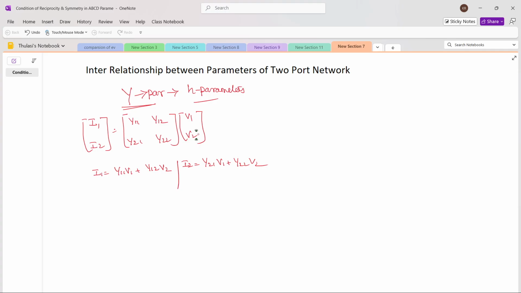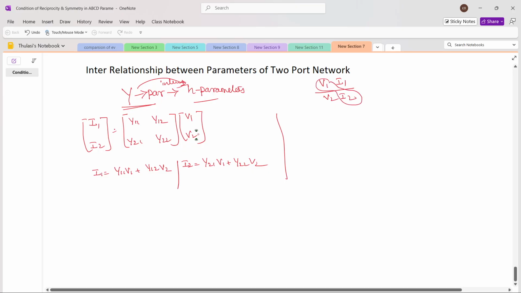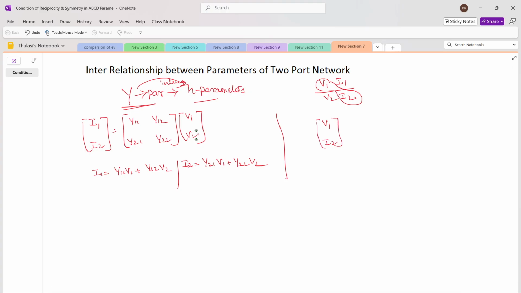Now what we are going to do is express the Y parameters in terms of H parameters. So what are those H parameters we have? We have V1, I1 at the input port, and V2, I2 at the output port. We want to express V1, I2 is equal to H11, H12, H21, H22 of I1, V2.